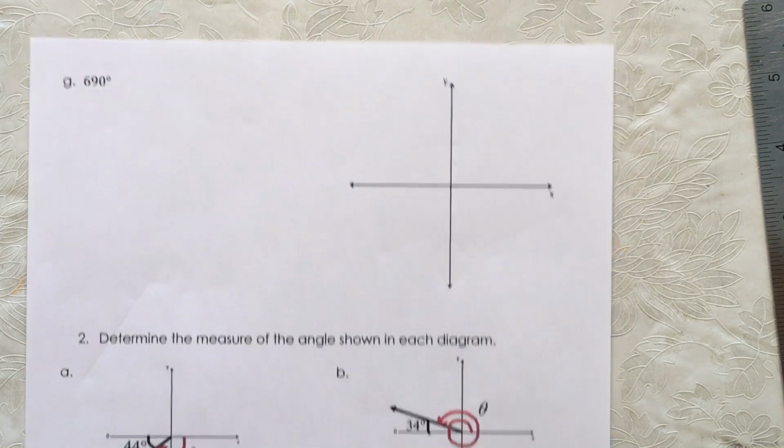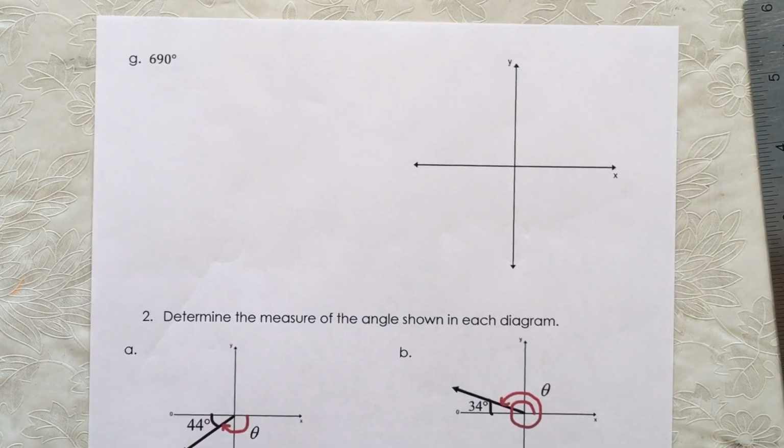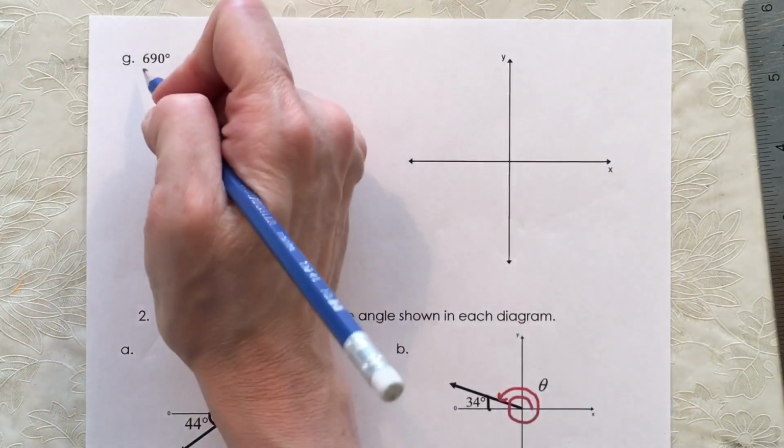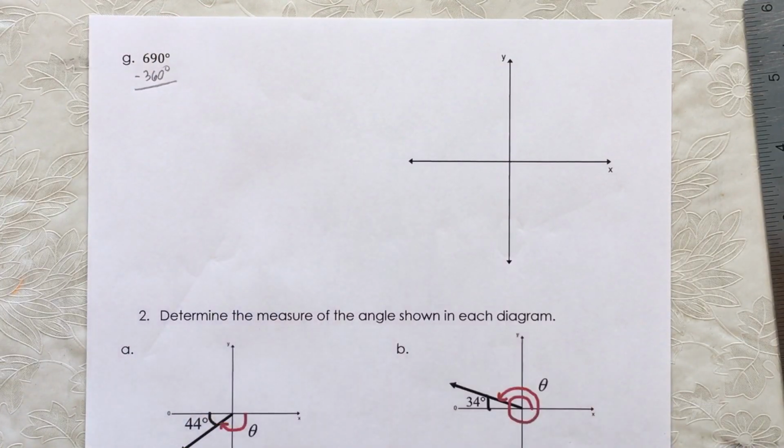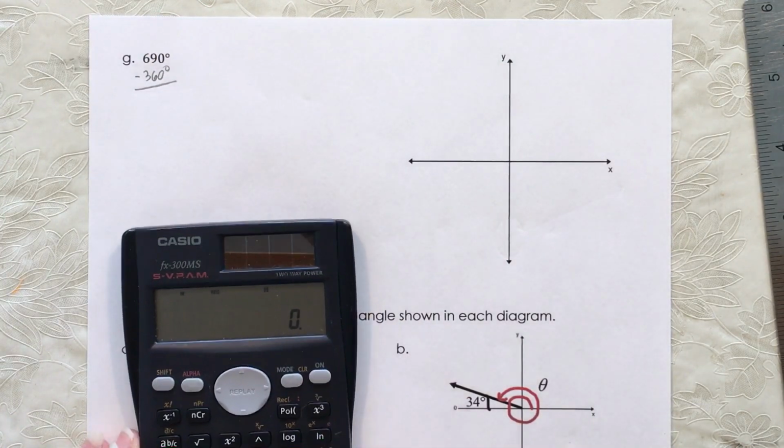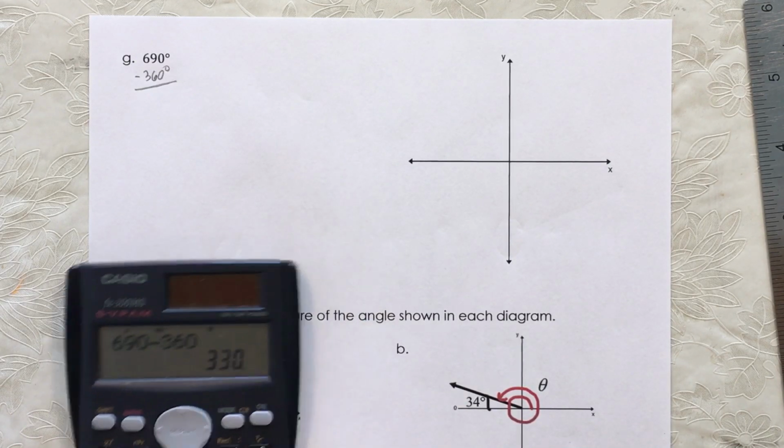Okay, and g is 690 degrees. So this time we're going to subtract 360 to see if we can figure out what quadrant we're going to end up in. 330.